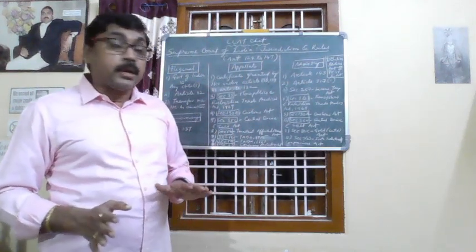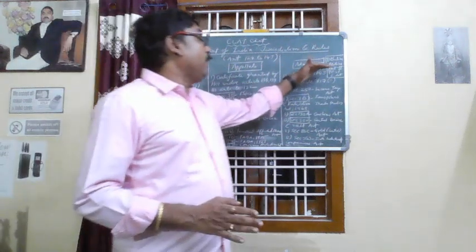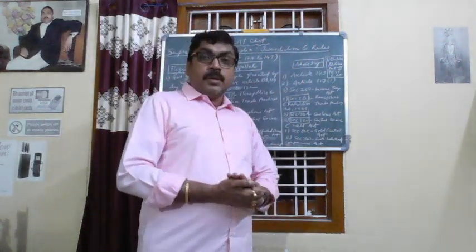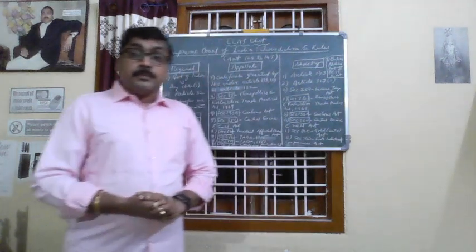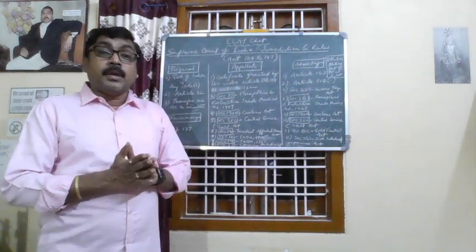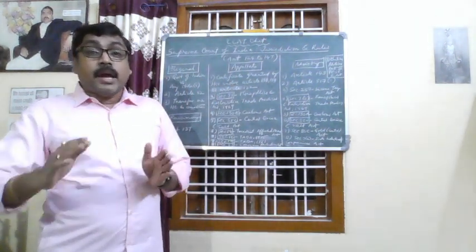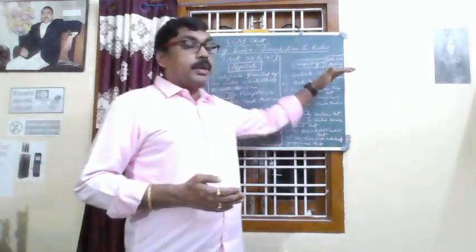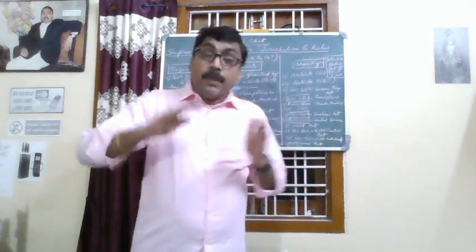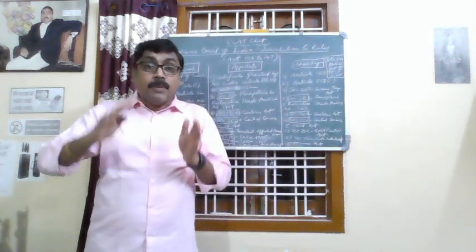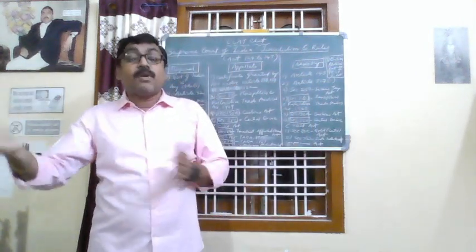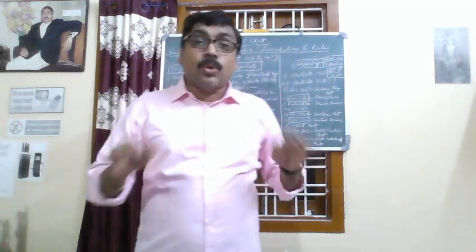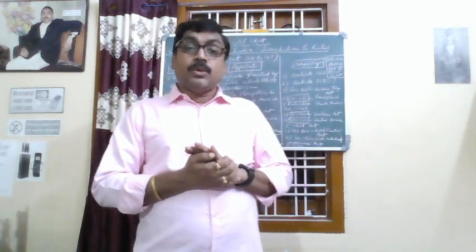Appellate jurisdiction. And the third one is advisory jurisdiction. The President of India can take the advice of the Supreme Court under Article 143. He may refer some of the matters to the Supreme Court for the advice of the Supreme Court.